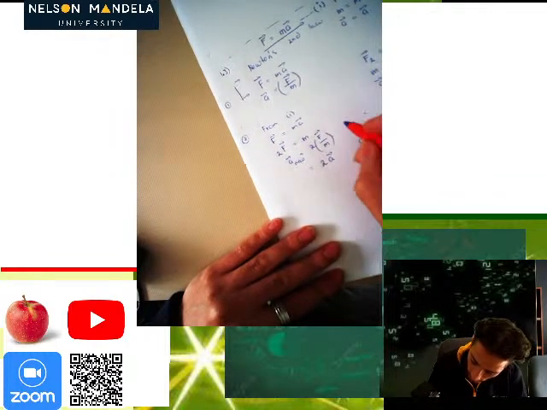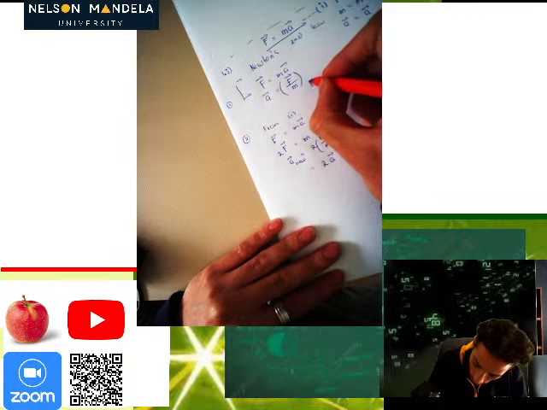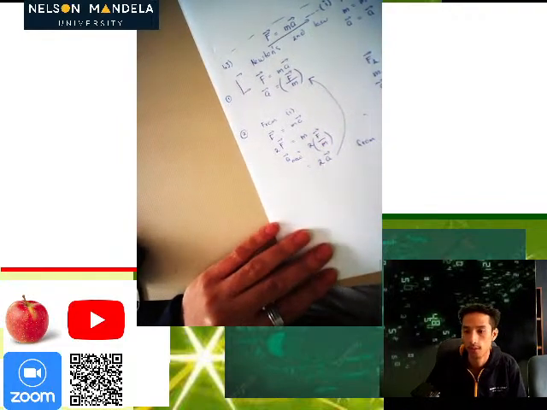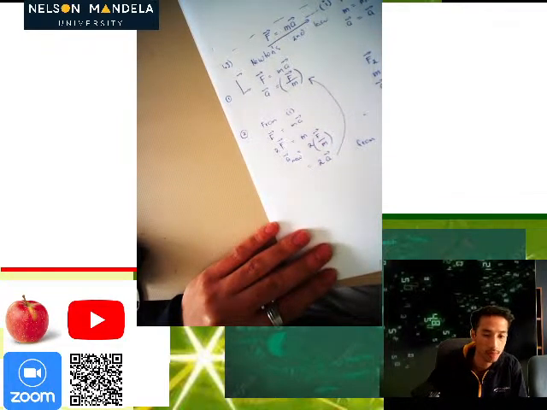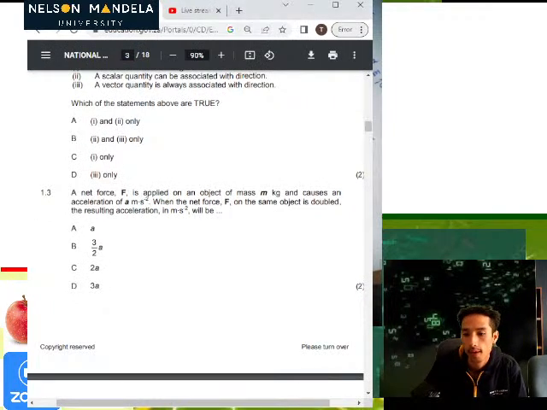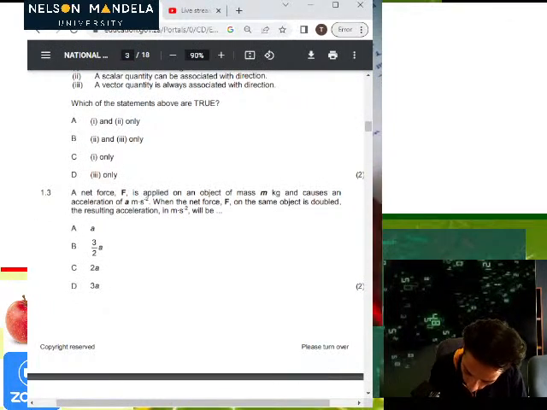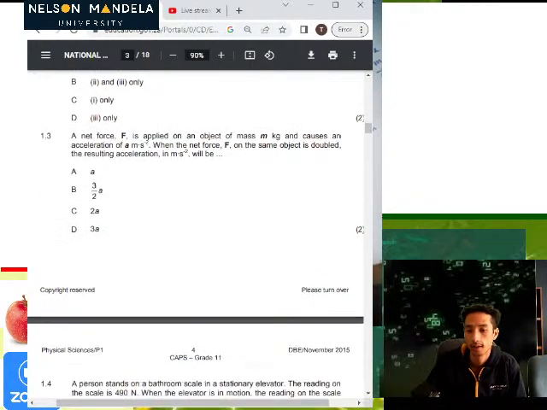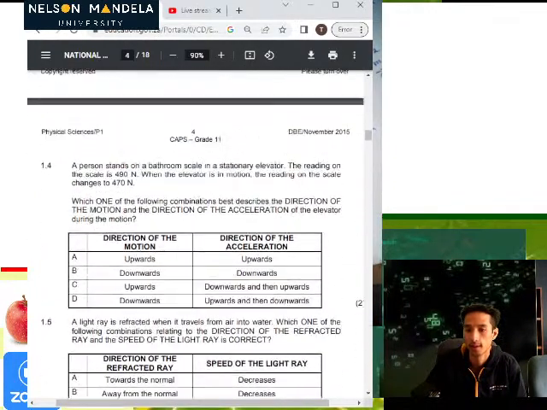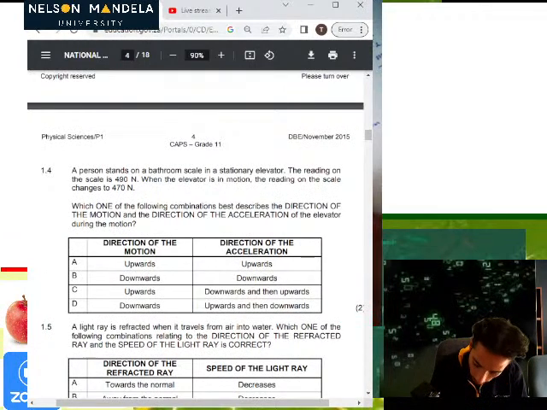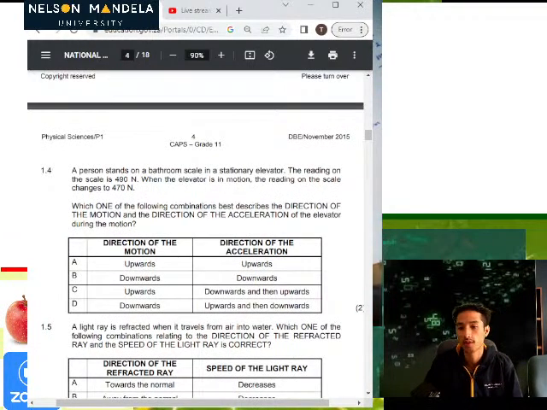So this is coming from this section over here, and so the solution you would see in this instance would be C, 2 times the acceleration.